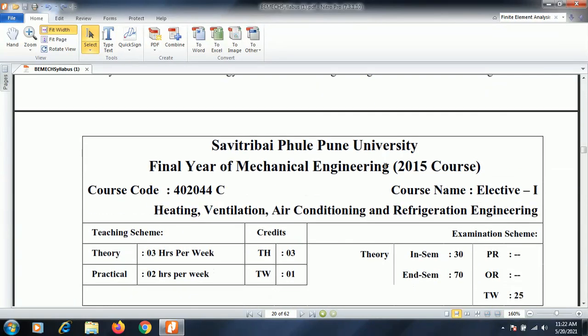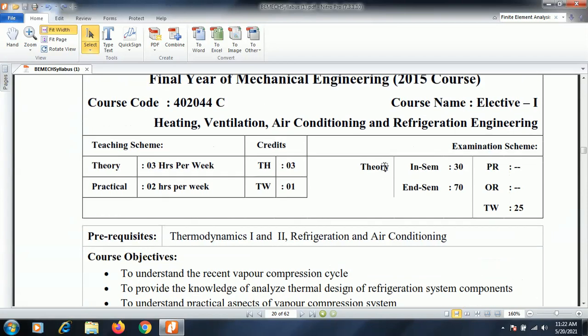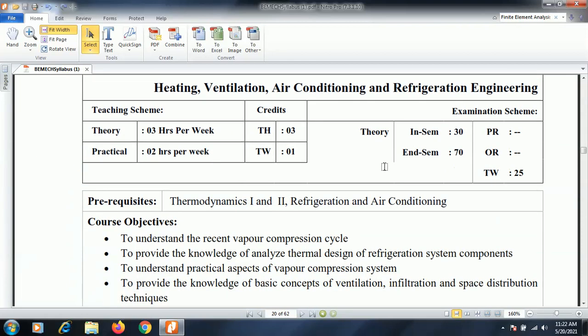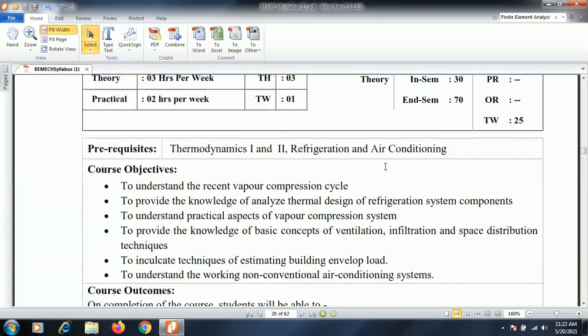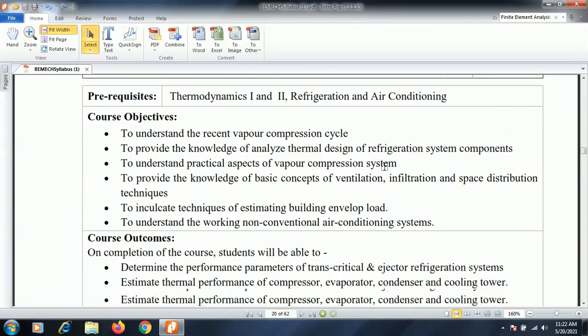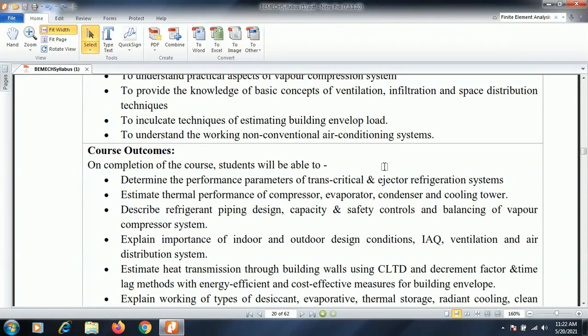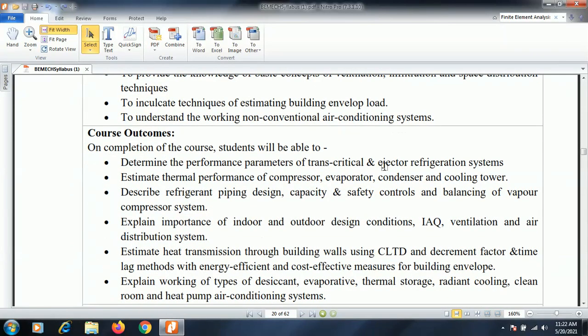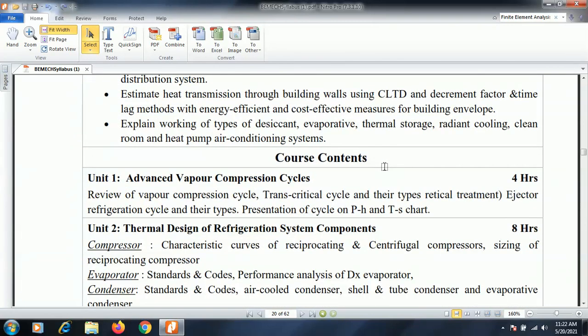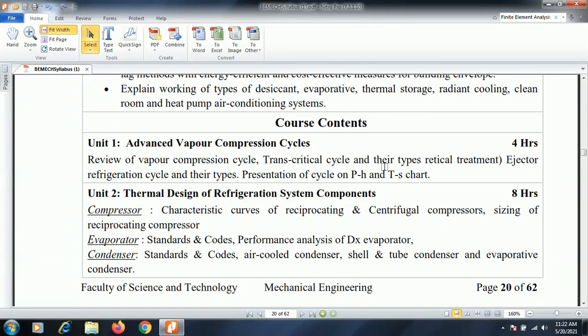And one more option has been given by the university: heating, ventilation, air conditioning and refrigeration engineering, where thermodynamics 1, 2 and refrigeration and air conditioning are the prerequisites. The name suggests it is mostly related with refrigeration and air conditioning, which you have learned in third year, and it is totally based upon thermodynamics and refrigeration and air conditioning.